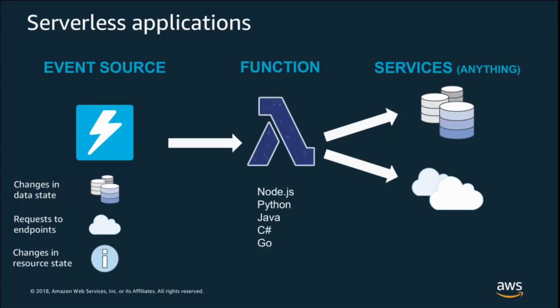So you can provide your piece of code, and your Lambda functions can then pretty much do anything you want. Your functions can interact with other services, data stores, and databases. They can reach out to endpoints, whether API endpoints or such, and you can load third-party libraries. You have a lot of options in terms of what your functions can do.